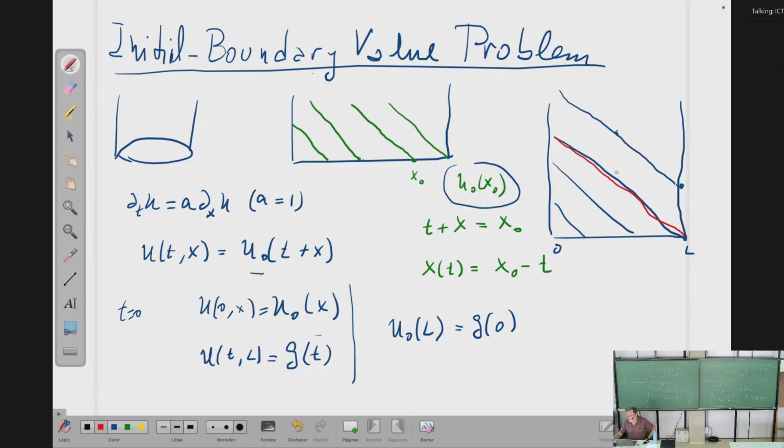These two lines should coincide. Otherwise, there will be a discontinuity, which is okay. You can think of a solution that has some discontinuity. So this is needed if you want some smooth solution. Okay, but notice also that here you cannot give anything, right? Because the solution along this line is determined.